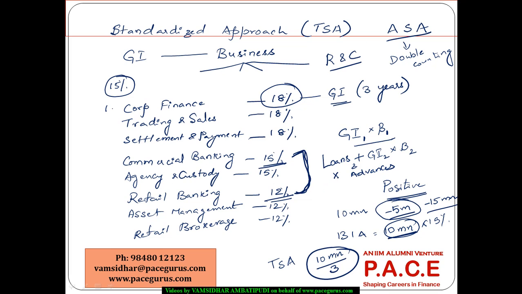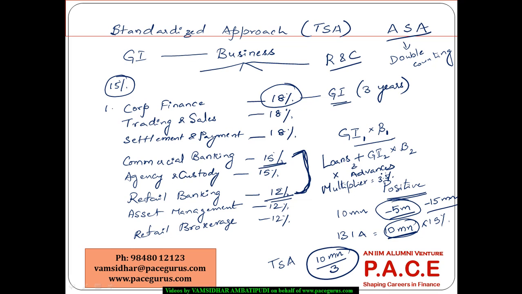This we are multiplying with some multiplier, and generally this multiplier is around 3.5%. Whatever the loans and advances are for these business lines, we are multiplying it by 3.5%.